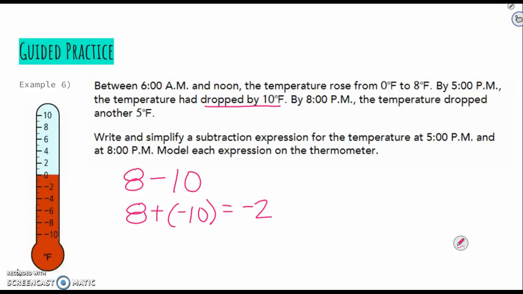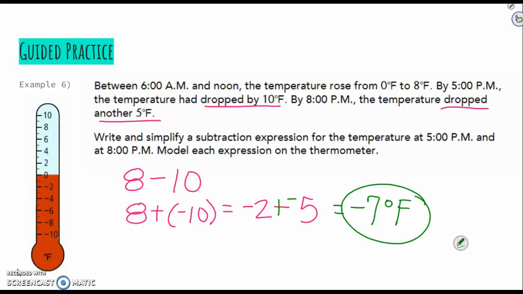After negative 2, we see that the temperature dropped another 5 degrees, so that's minus 5. Again, when we are subtracting integers, we add the opposite sign, following our integer rules. Negative 2 plus negative 5 is negative 7 degrees Fahrenheit. So that would be the temperature by 8 p.m.